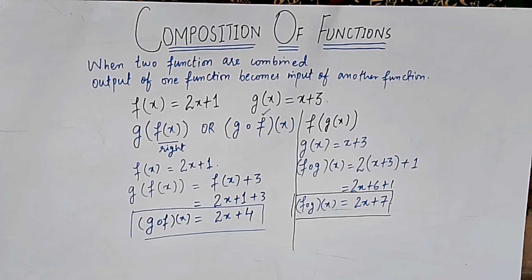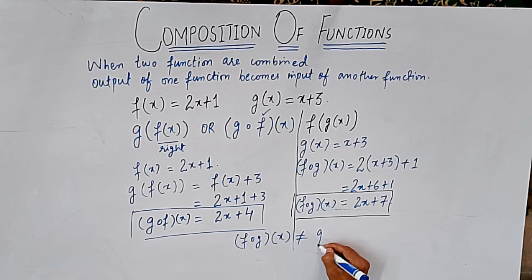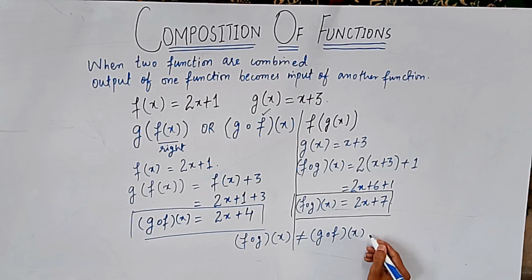Otherwise, always f of g of x is not equal to g of f of x, or fog is not equal to gof. So this is how we actually do composition of a function, or the composite function.